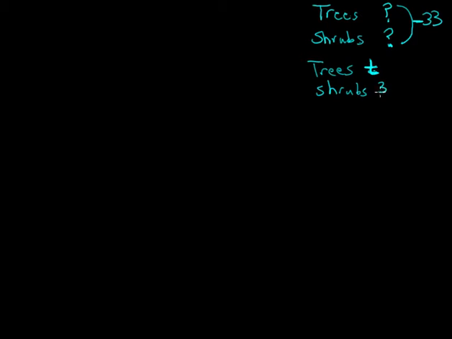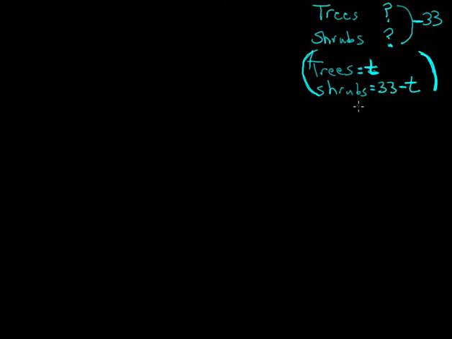So I will make my shrubs 33 minus T. And if I add these two together, T plus 33 minus T, I get 33 back. So I know how many things I'm getting in an algebraic sense with the T in there.